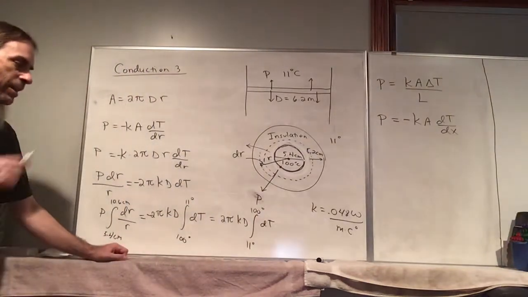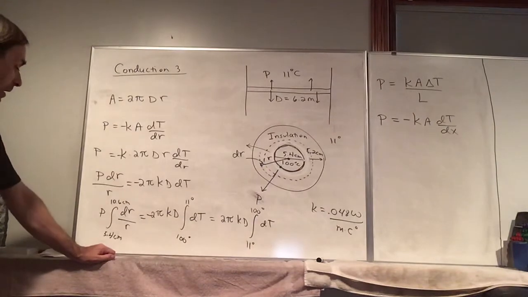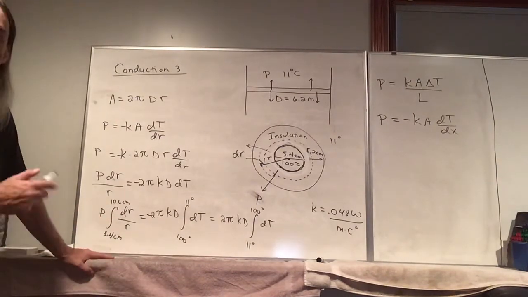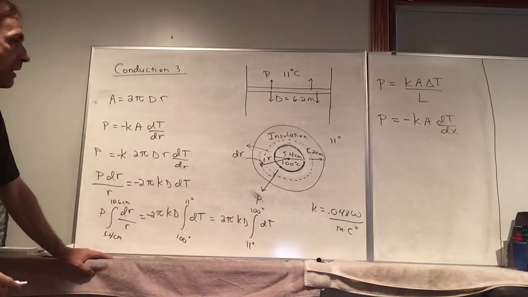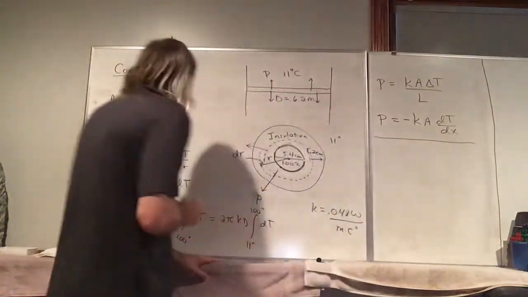And then that integral is just going to be 89 Celsius degrees. Now on the left side, this integral dr over r, that's the natural logarithm of r. I don't like using this board to work things out, but we're kind of out of room.